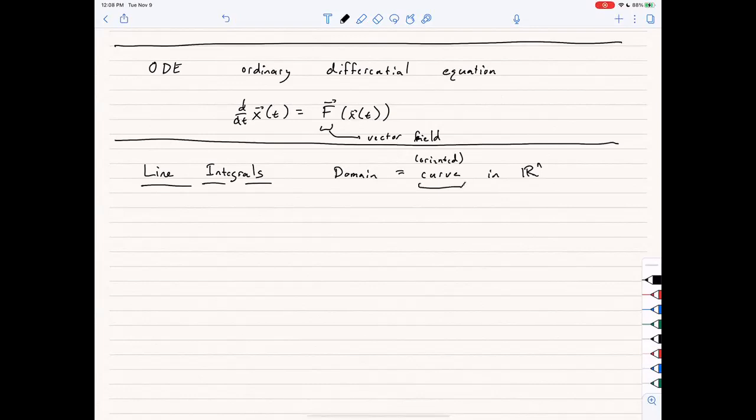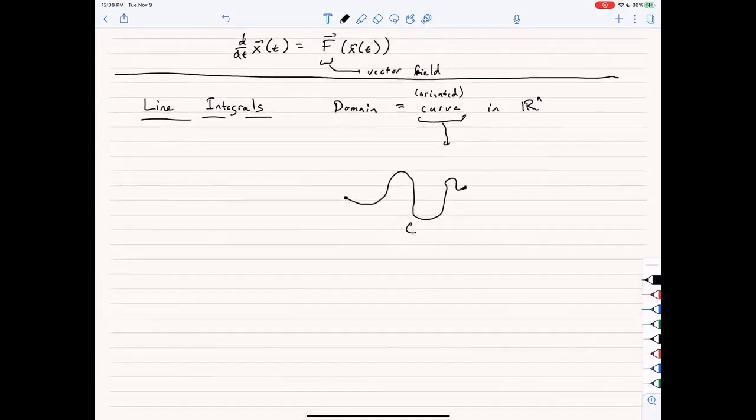So what is a curve? Here's a curve. I'll use the letter C, which I know sometimes looks like an E. Sorry about that. This is a curve inside of R2.